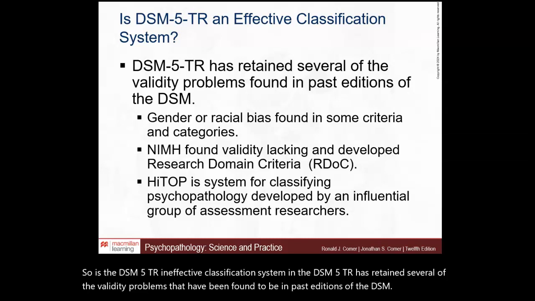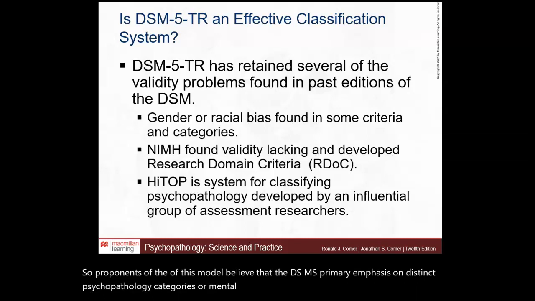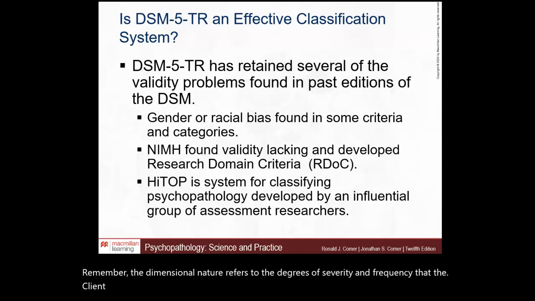So proponents of this model believe that the DSM's primary emphasis on distinct psychopathology categories or mental disorders does not sufficiently capture the dimensional nature of psychopathology. Remember, the dimensional nature refers to the degrees of severity and frequency that the client is experiencing.